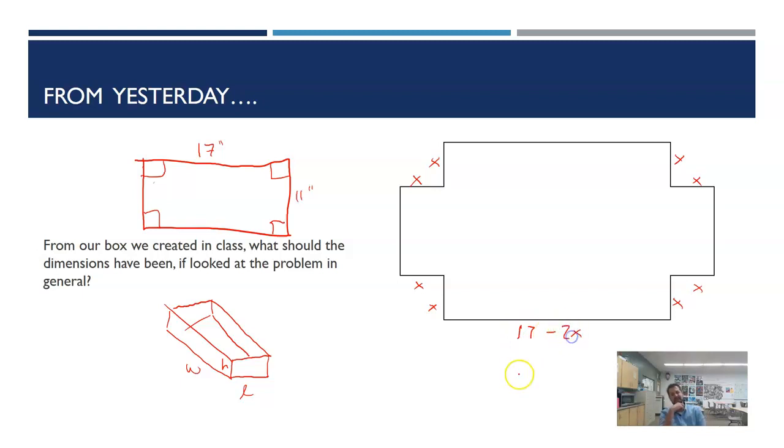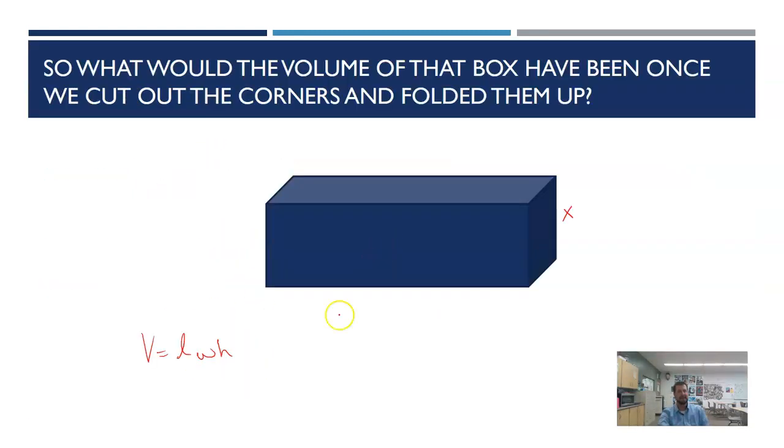So that'd be 17 minus 2x. And the same thing would be true for the other side when we folded it up, 11 minus 2x. So the length here is 17 minus 2x, and the width here is 11 minus 2x. Those are my two different measurements for those different sides of my box.